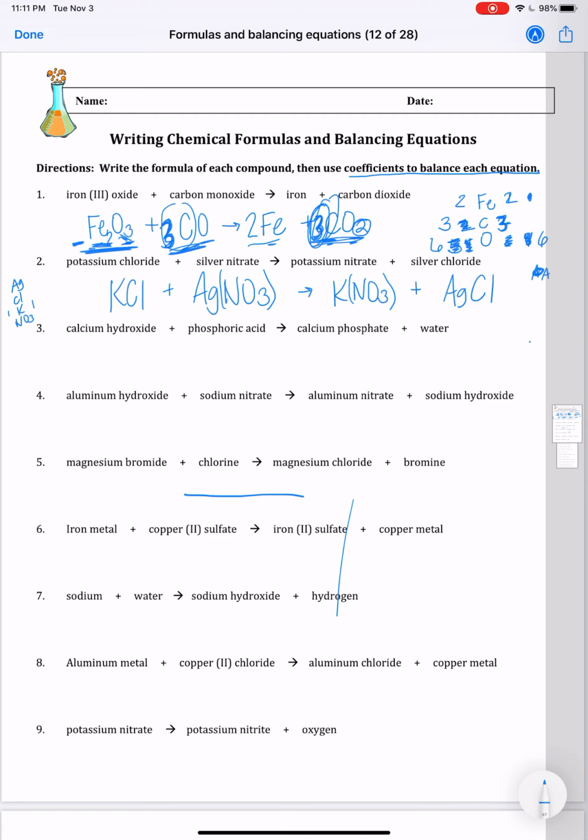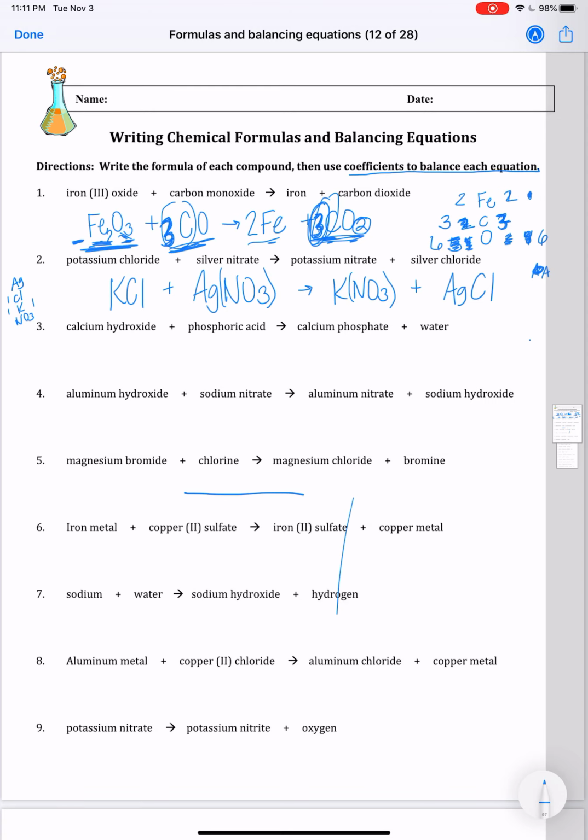Okay? Chlorine. I have 1 chlorine on the left and 1 chlorine on the right. Silver. I have 1 silver on the left and 1 silver on the right. And nitrate. I have 1 nitrate on the left and 1 nitrate on the right.